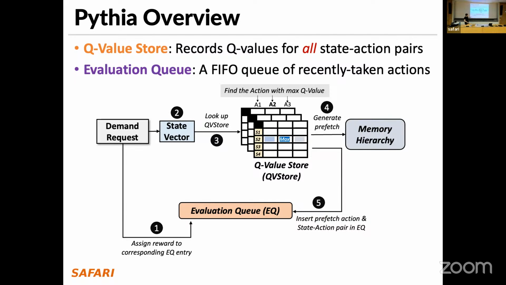And then when we have the reward assigned here, we put it back into the queue value store and calculate a new reward so that we can predict better. That's where the learning is going on. That's the important part: by evaluating the old actions we take, we can then make better queue values.